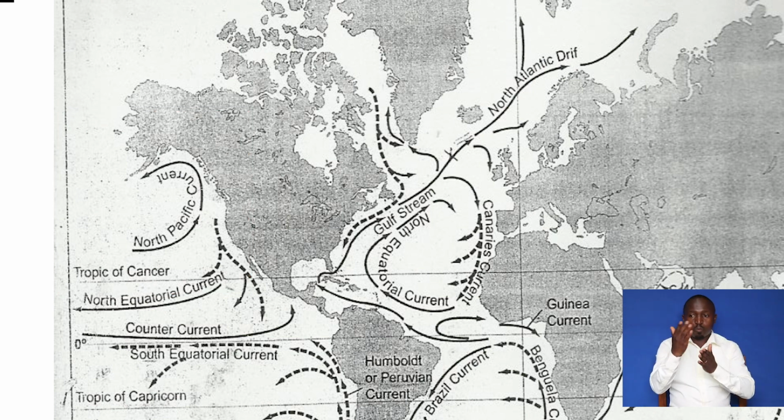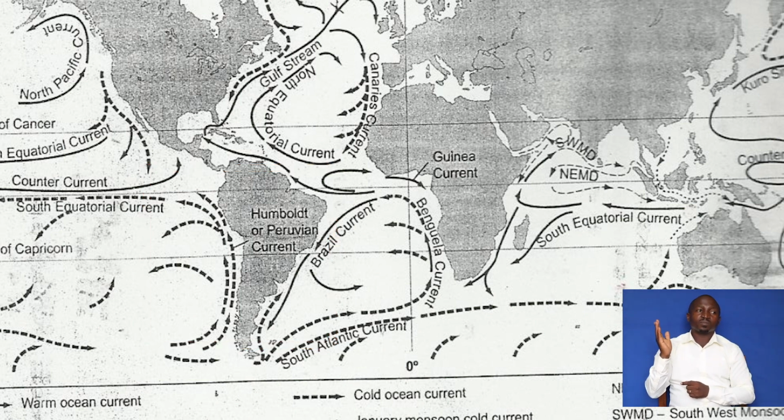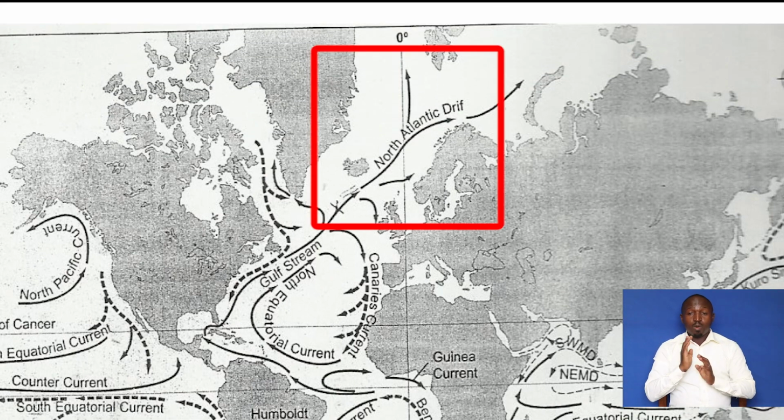You can make another reflection by taking into consideration the Peruvian current in South America. The direction there on the western side of the South American coast is determined by the respective shape of the landmass.